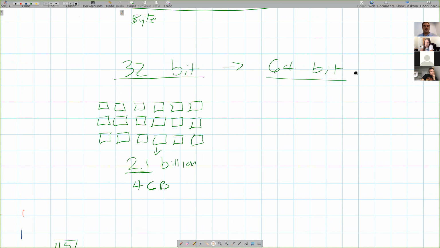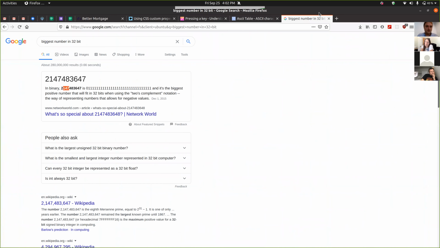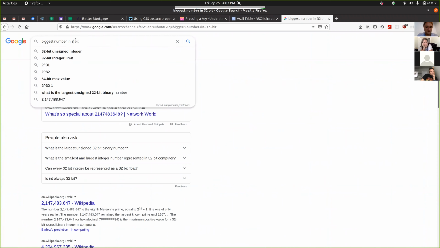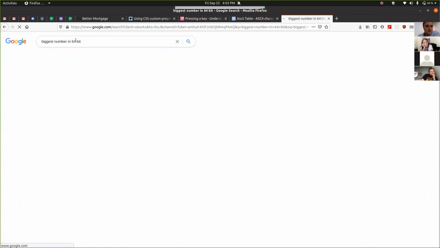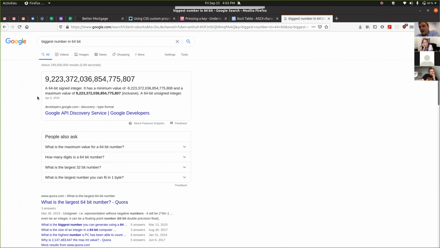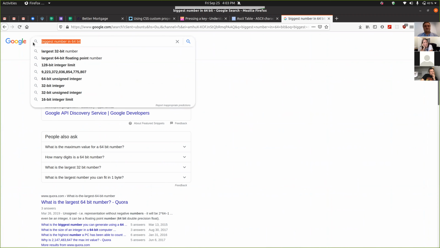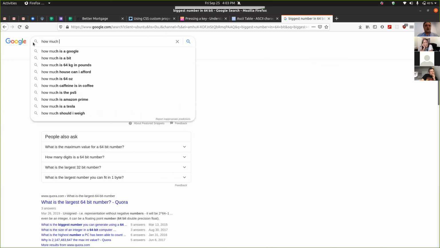So how many memory addresses do we have with 64-bit? A whole lot. How much RAM with 64-bit?